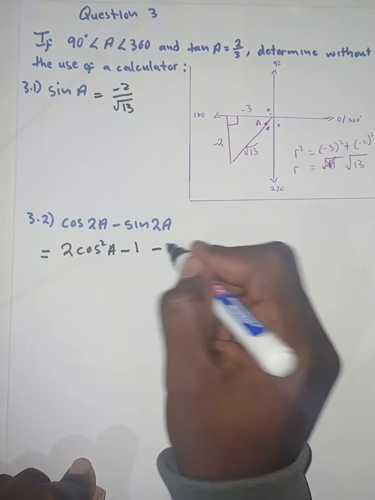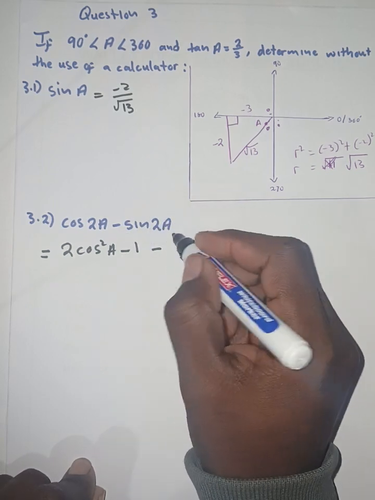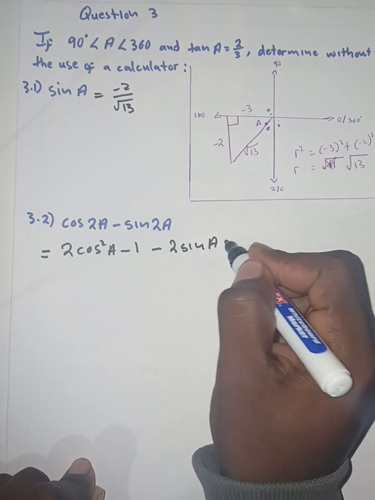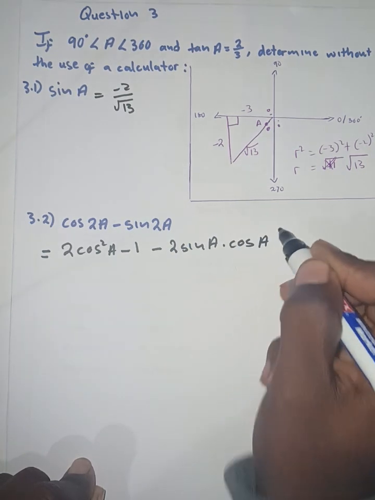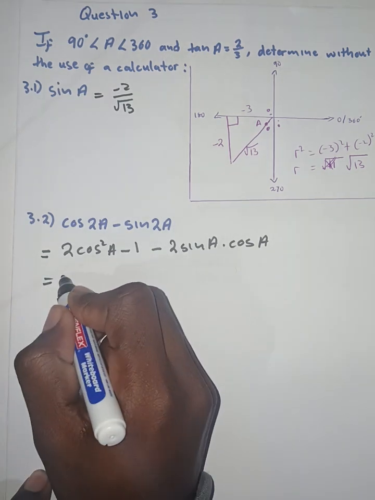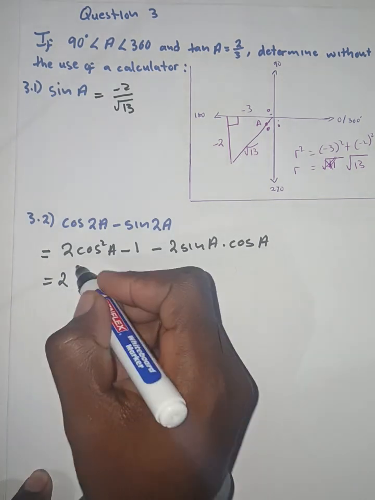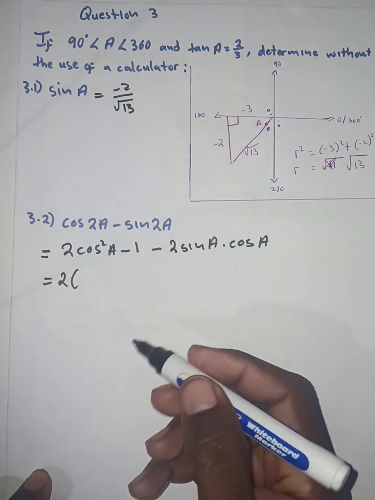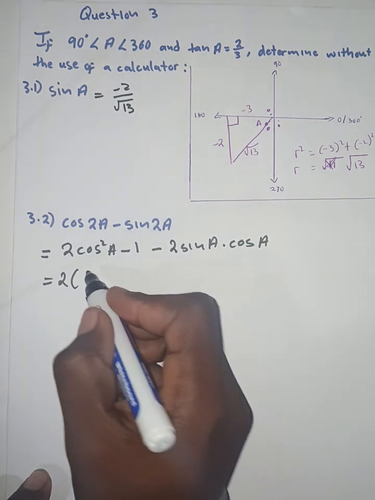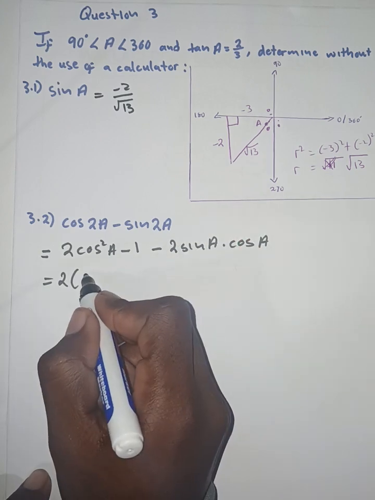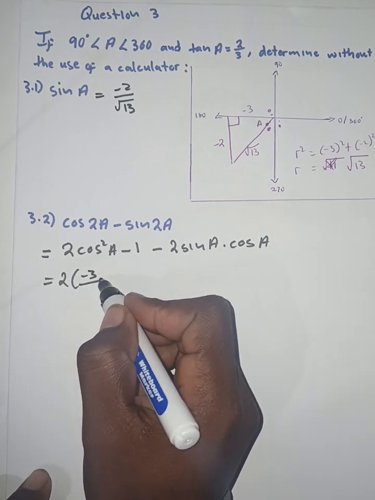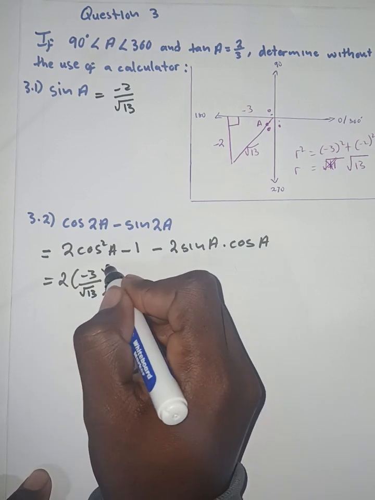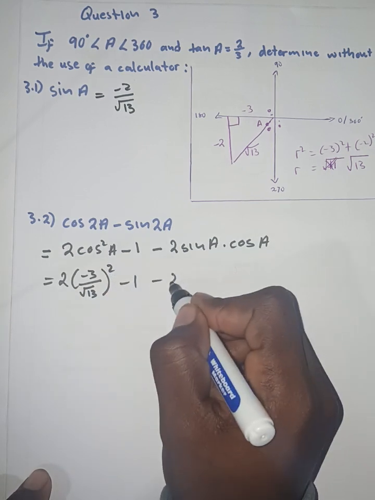Now remember, we subtract that, and for the sine we only have 1, so this will be 2 sine of A multiplied by cos of A. For cos squared of A, we know that cos is the adjacent, so the adjacent in this case would be -3, so that's -3 over root 13, squared.